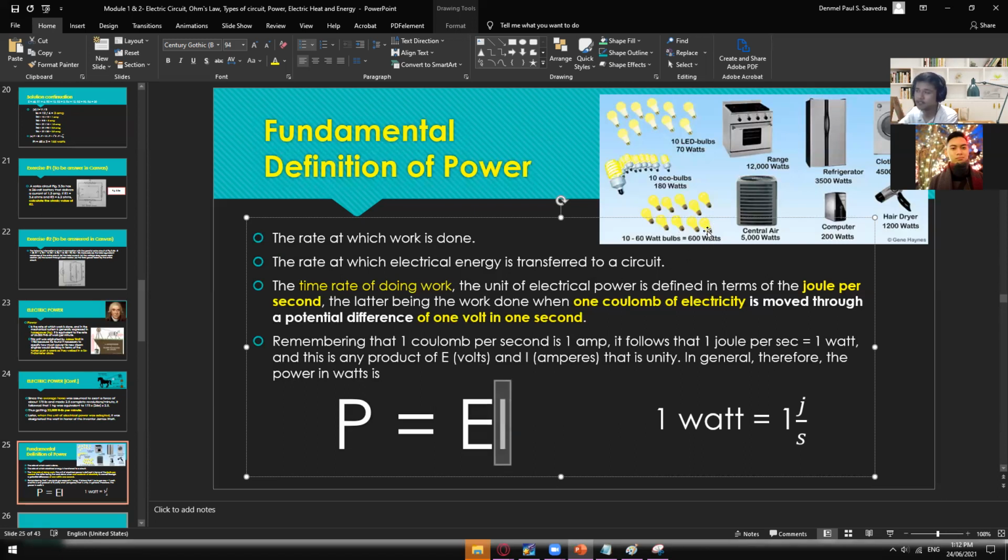Of course, the larger the device, the more current and the more voltage that it will need. Sometimes it needs 50 volts, 100 volts, depending on the current also. With that, you'll be able to get the value of the wattage that is being used by that specific device.